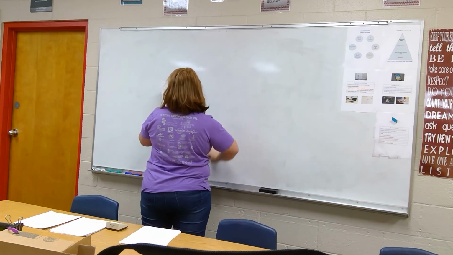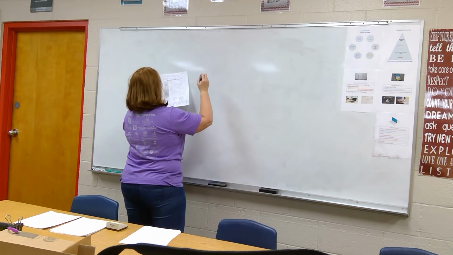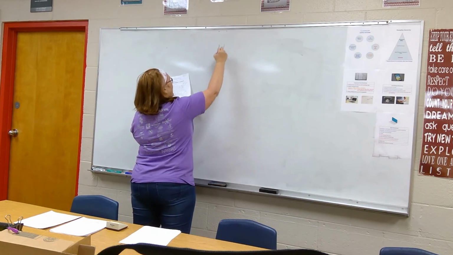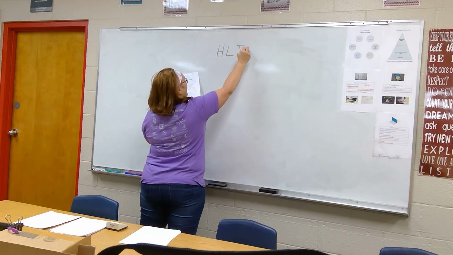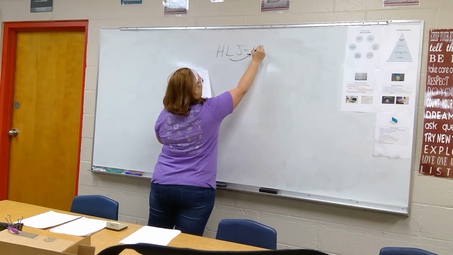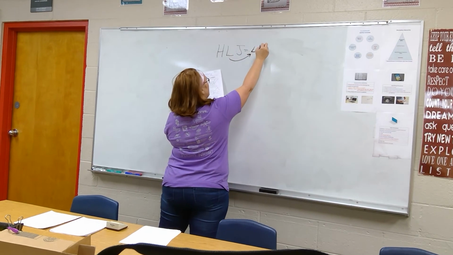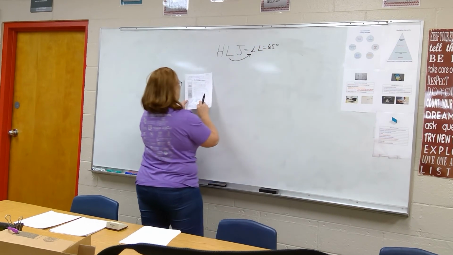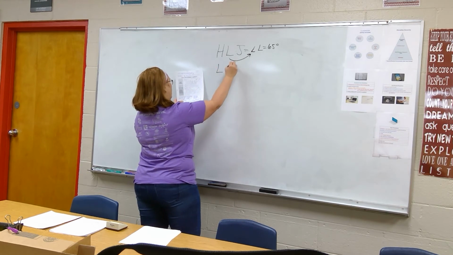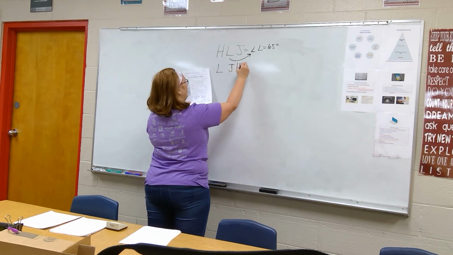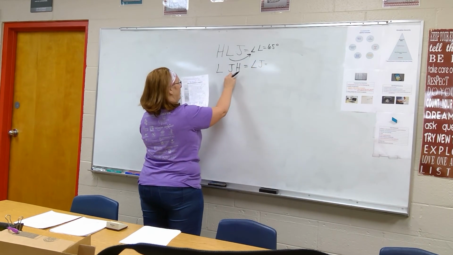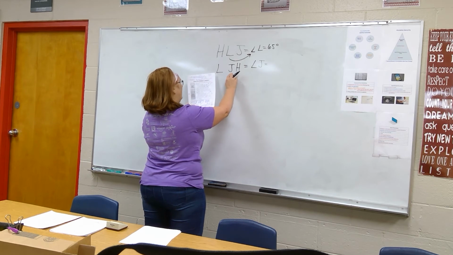Let's look at the very bottom one. It says triangle JHL has angle HLJ. So HLJ. That means angle L, it's the middle one, angle L equals, it says, 65 degrees. On the next one, it says angle LJH equals, so that means we're talking about angle J equals, because the one in the middle is our angle, 50 degrees.